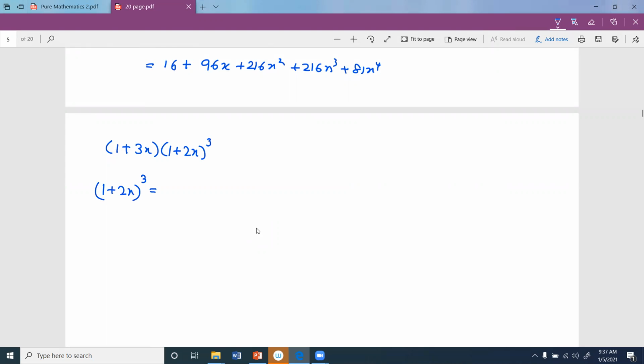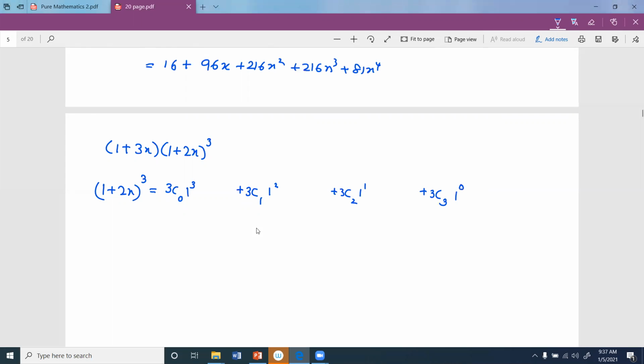So we start with 3c0, then 3c1, then 3c2, and the last term is 3c3. With that, we start with 1 to the power 3, 1 to the power 2, 1 to the power 1, and if you do it perfectly, it ends with 1 to the power 0.